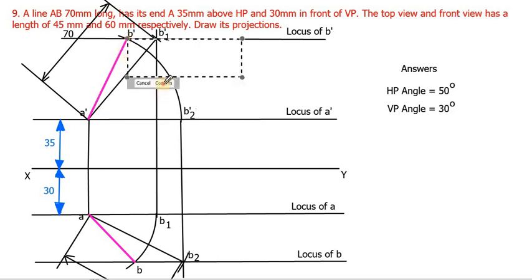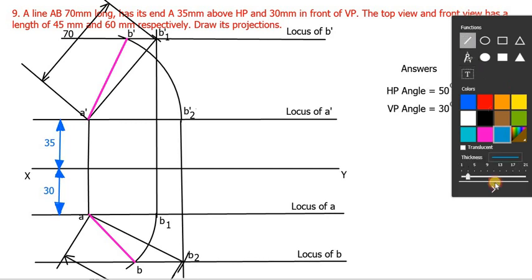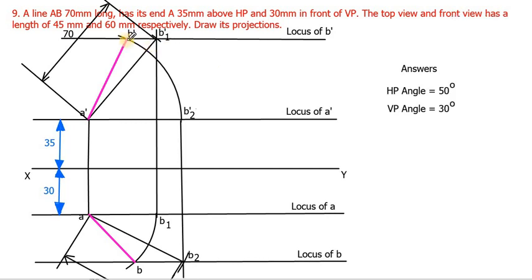So if you draw a line from here, it will be a perfect straight line that is exactly parallel to A dash line. Okay. So then your answer is correct.